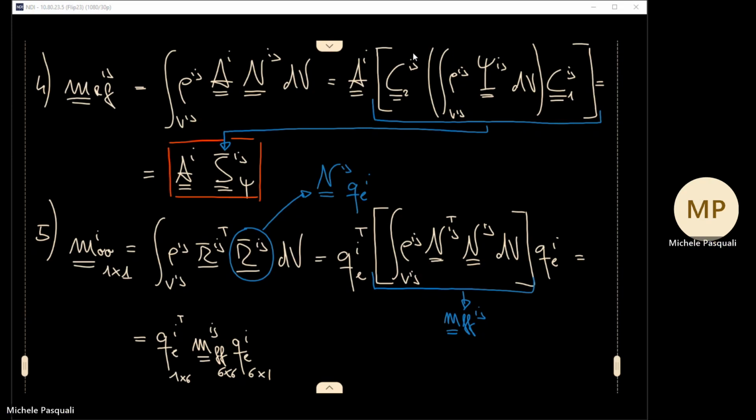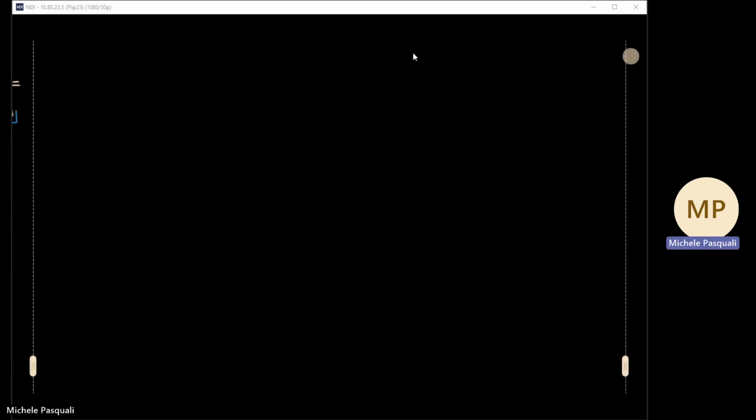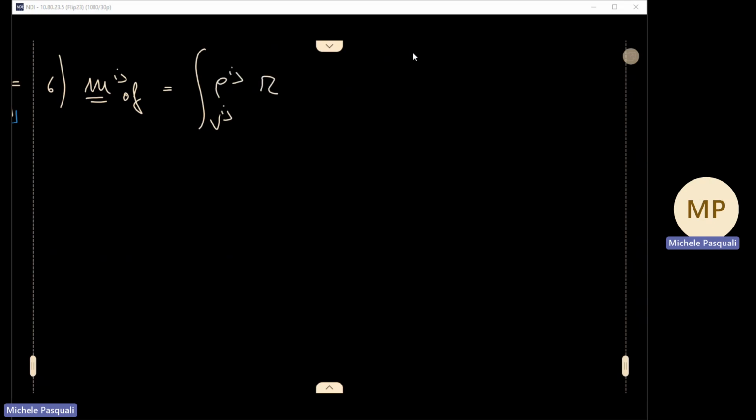Last, you have the 6th coordinate. Mij theta f, the integral over Vij of rho Ij R Ij transposed, where here we have again the matrix that we have just defined.